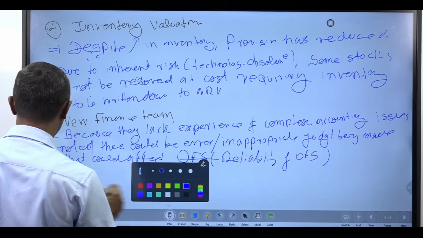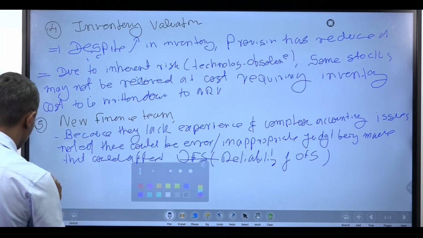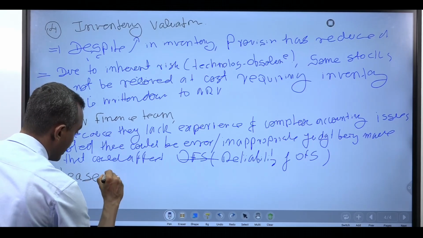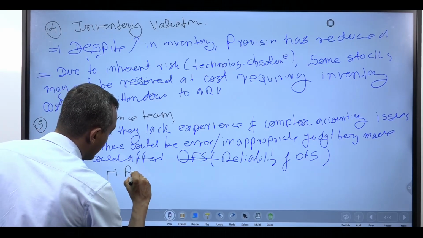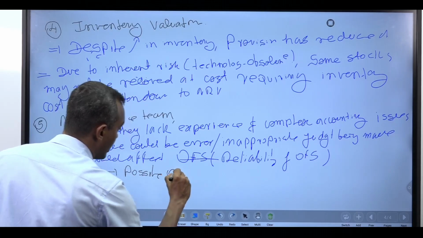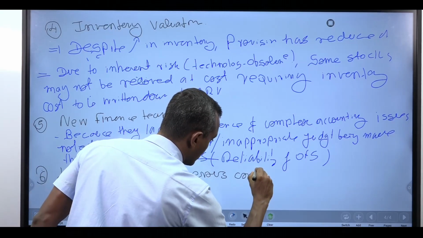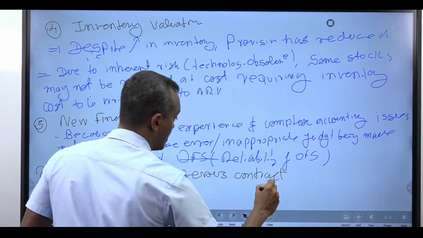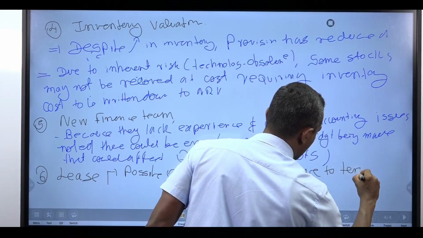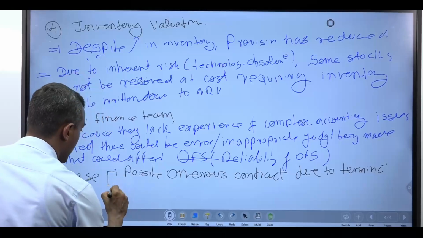Yes, remember that lease story also we can write. Lease, 6. So I told you two things to write. One is a possible onerous contract due to termination. Other one is the new lease may not have been properly accounted.